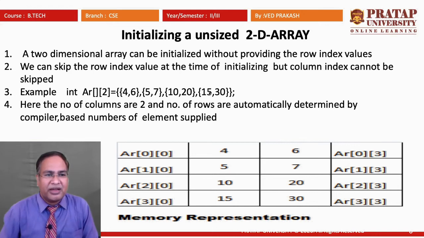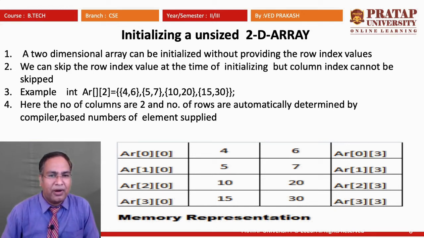Here we can observe that the number of columns is 2 and the number of rows is automatically determined by the compiler based on the number of elements supplied. So the compiler will automatically take 4 rows.